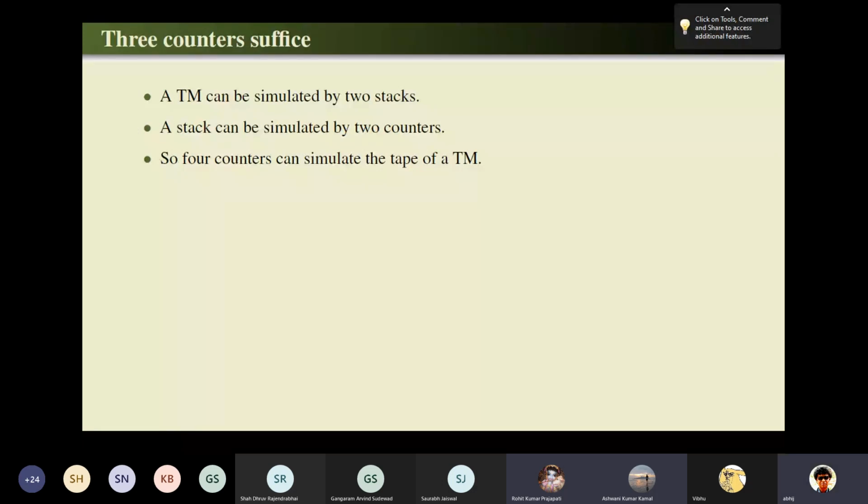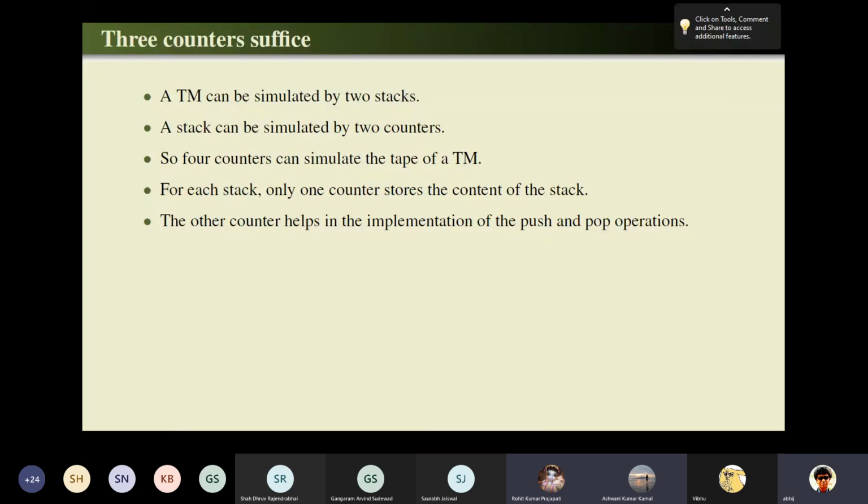Okay. Therefore, actually, for each stack, only one counter stores the content. The other is always 0, except during this push or pop operation. The other counter helps in implementing the push and pop operations.